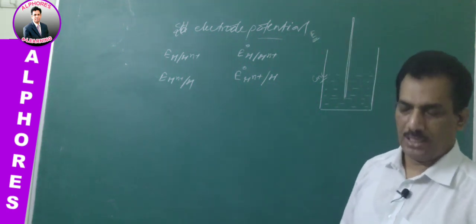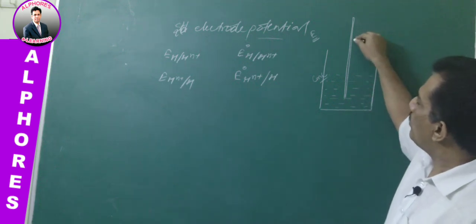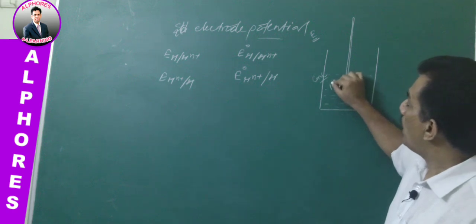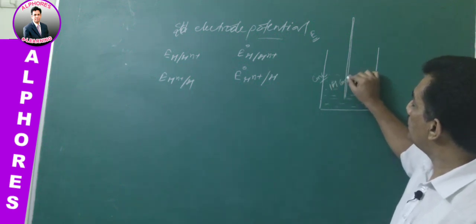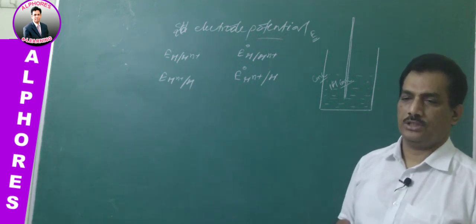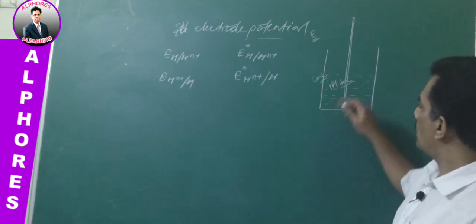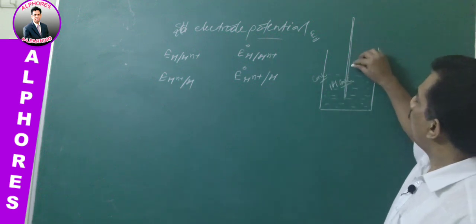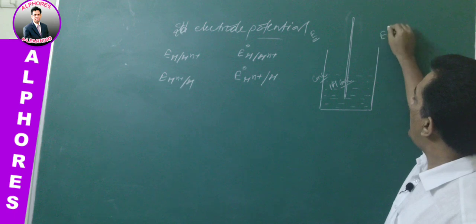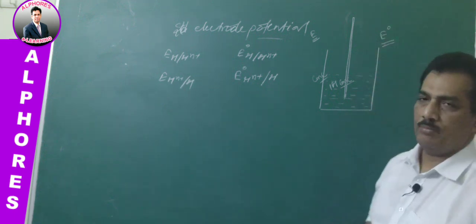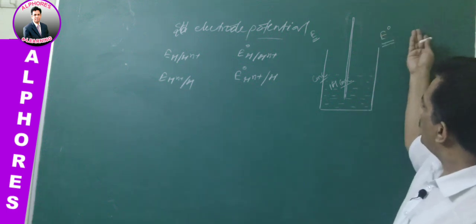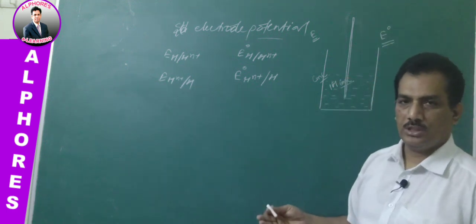But when a metal rod is dipped in its own salt solution of 1 molar concentration, that is unity concentration, when the concentration is fixed, then the potential developed around it is the standard electrode potential. It may be a reduction potential or an oxidation potential.